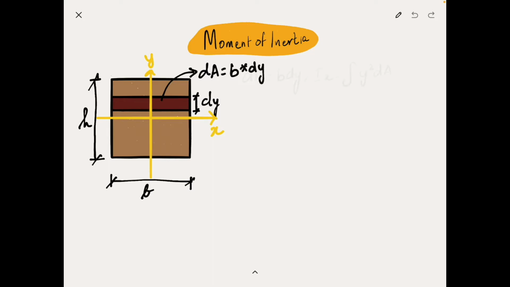From the previous section we know the moment of inertia along the x-axis is given by the integral over the cross section area of y squared times dA. Now we need to apply the limits for our integral. Since the reference axis passes through the centroid and we are integrating over the height of the rectangle, we can set the lower limit as minus h divided by 2 and the upper limit as plus h divided by 2.